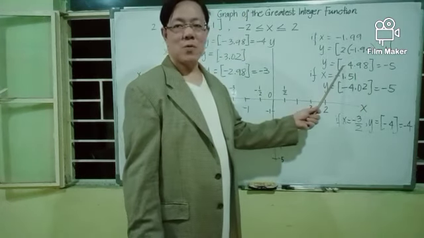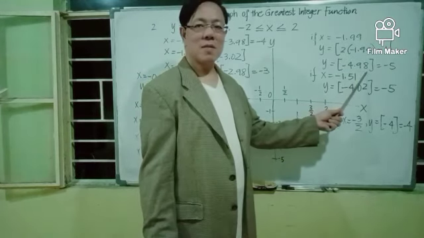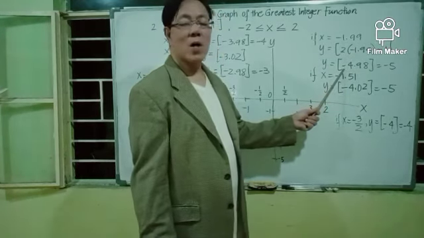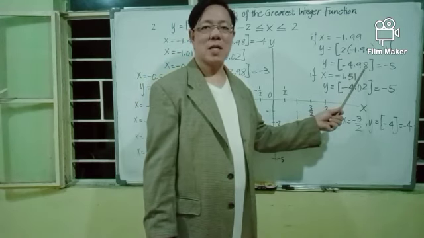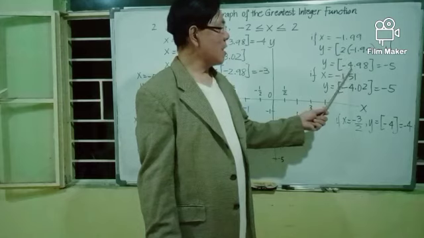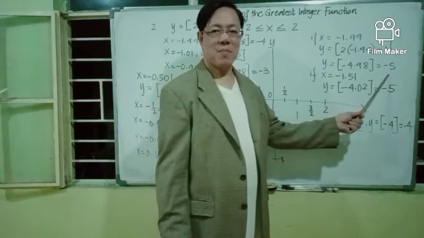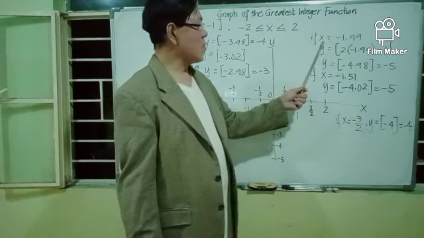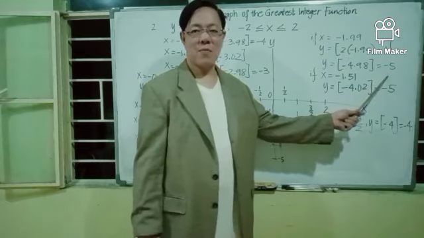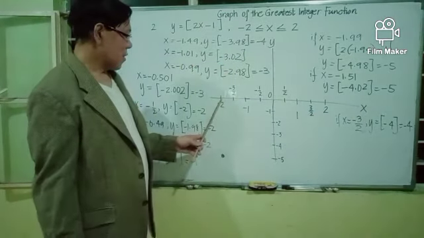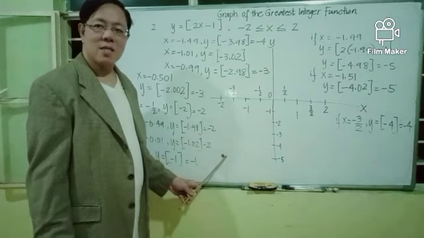And if you use your calculator, you should get negative 4.98. And the floor of negative 4.98 is the largest integer that is less than negative 4.98, and that integer is negative 5. Hence, if x is negative 1.99, the value of y is negative 5.